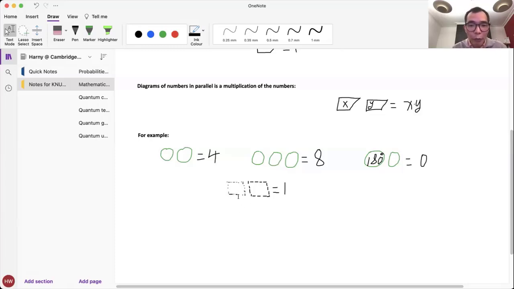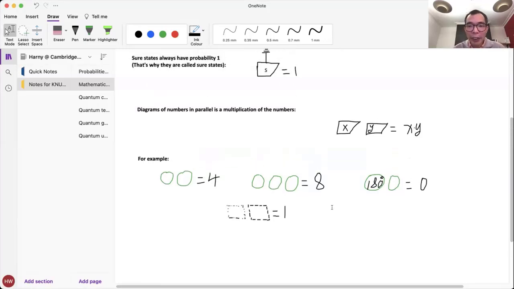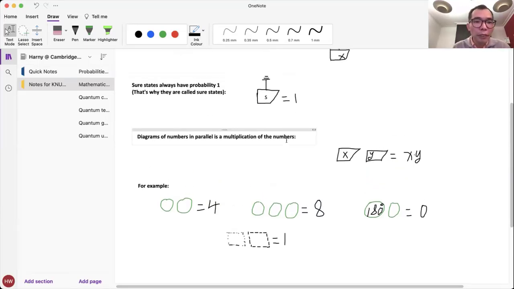Each of them represents 1, so 1 times 1 is still 1. So you can see that if you have diagrams which represent a number, then you can freely move them around. It still represents a number. It won't change anything.